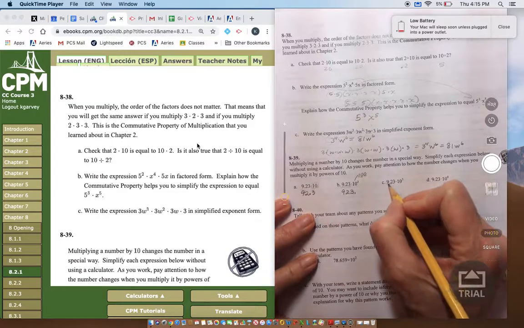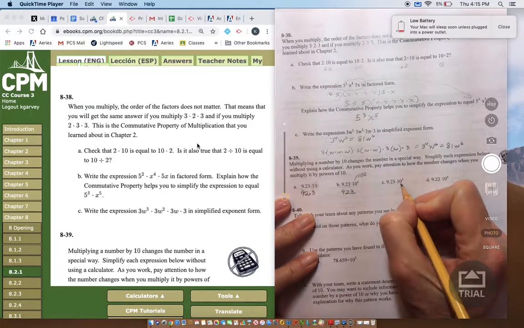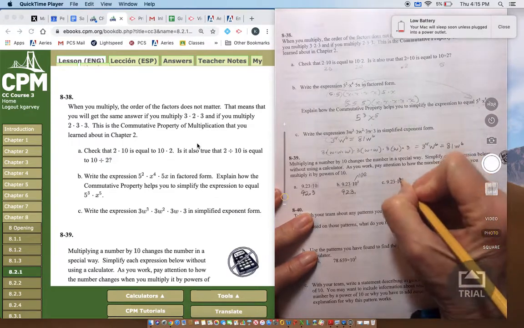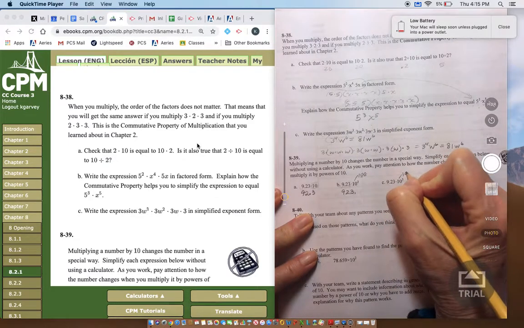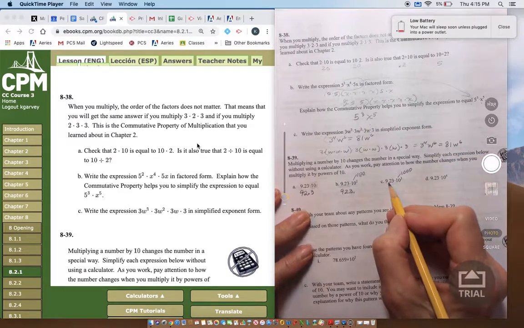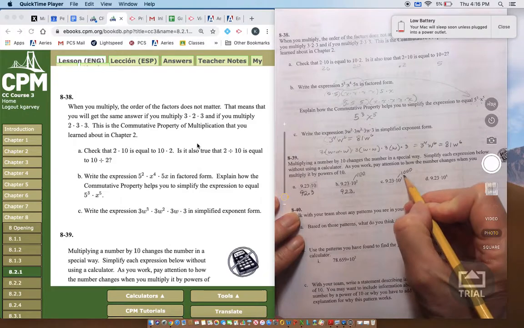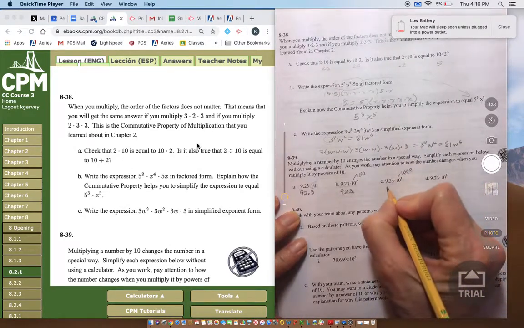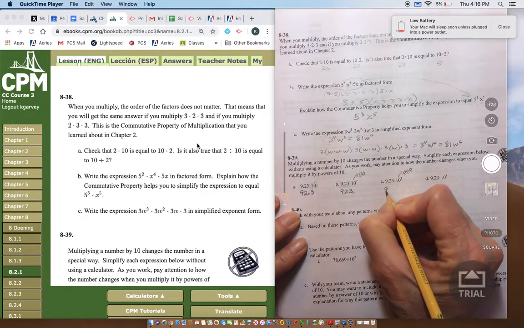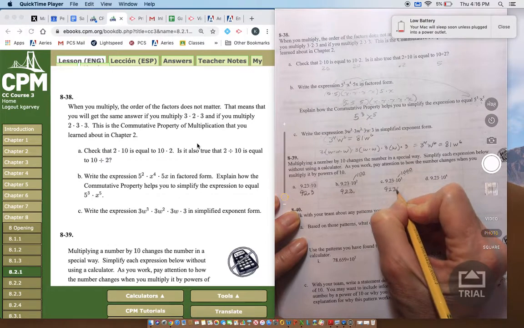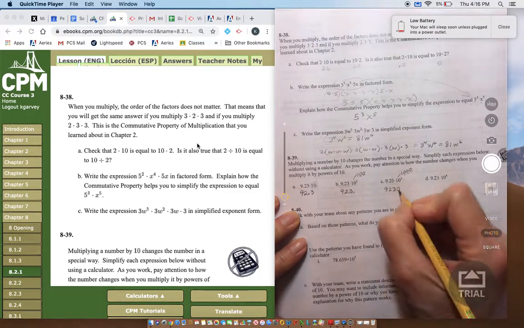So here, 9.23 is now being multiplied by 10 to the third power. So 10 to the third power is really 1,000. So we're going to be making this number bigger by 3 place values this time. So 9.23 becomes 9, 2, 3, and then to get the next place value, we're going to have to add a 0.